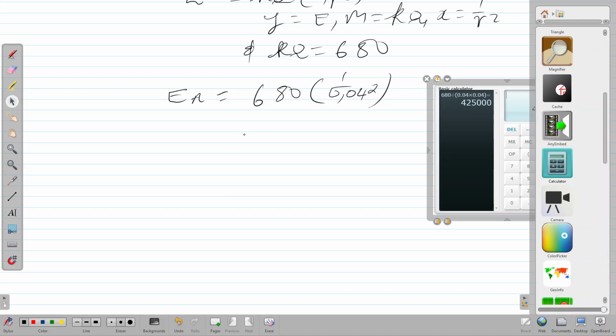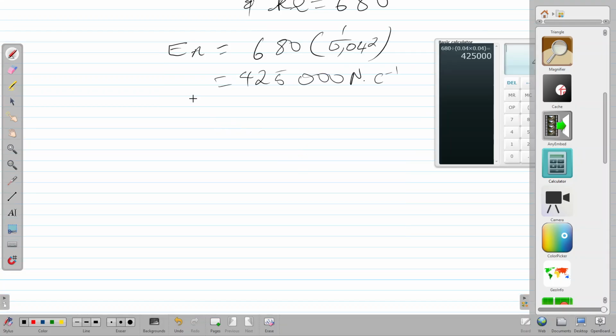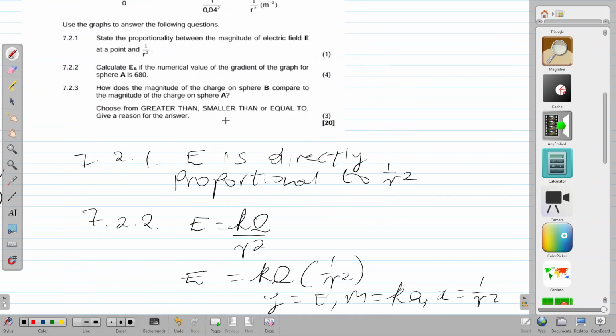We get that our EA is 425,000 newtons per coulomb. This is electric field, so it's newtons per coulomb. So our EA is 425,000. That's the answer for 7.2.2.